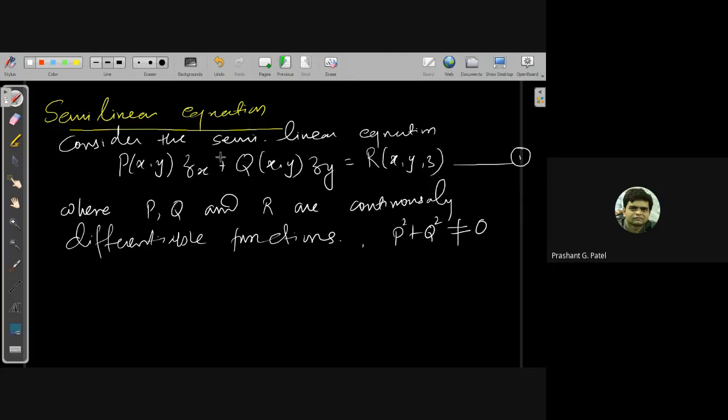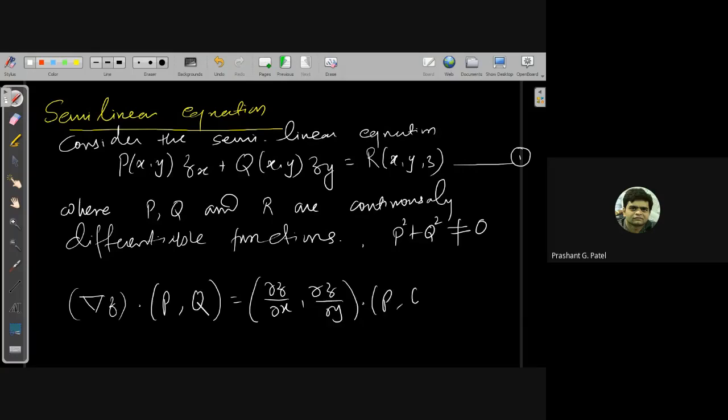The expression which is given in the left hand side of this equation number 1 is actually a directional derivative. So we know that the gradient of z, if z is a function of two variables, that is del z by del x, del z by del y, dot product with (p, q), will give you exactly the same thing which we have in the left hand side.